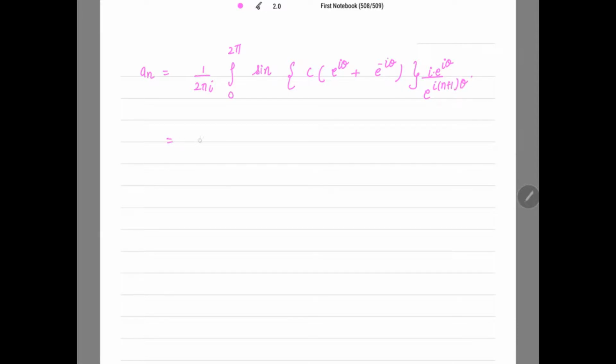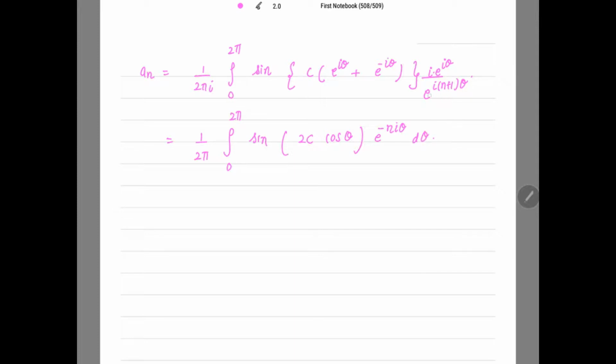This is equal to 1 over 2 pi, the i's cancel, integral 0 to 2 pi of sin of 2c cos theta e to the power minus i n theta d theta.